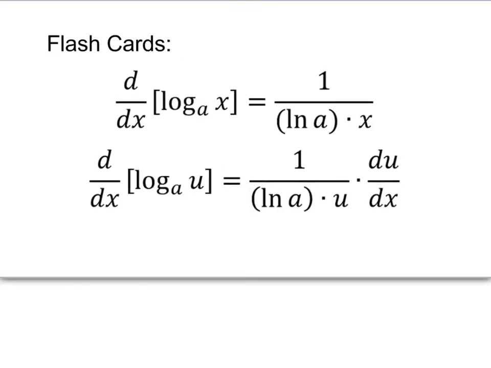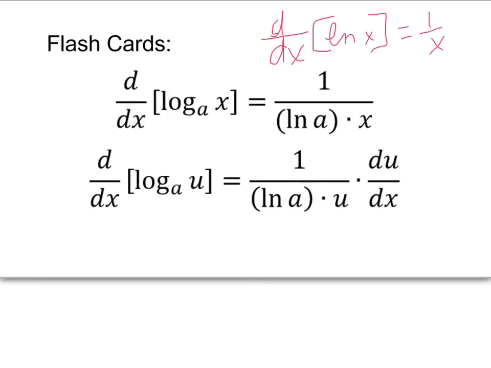Here are two new flashcards you will need, and this is what happens when we're finding the derivative of a log that's not an ln. It's a log with a base something other than e. So remember, the formula for the derivative of ln x was 1 over x.